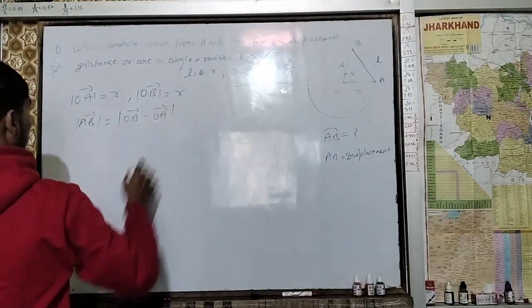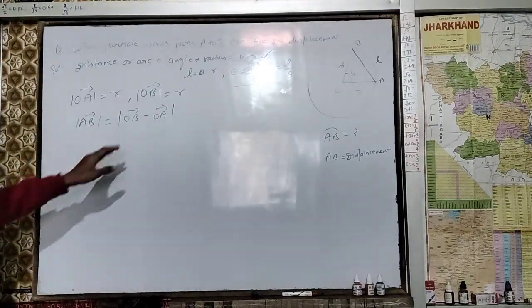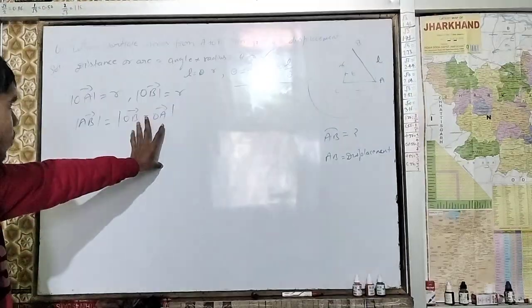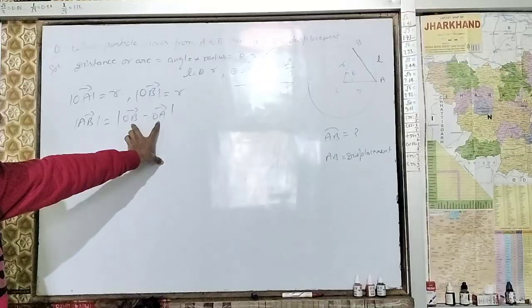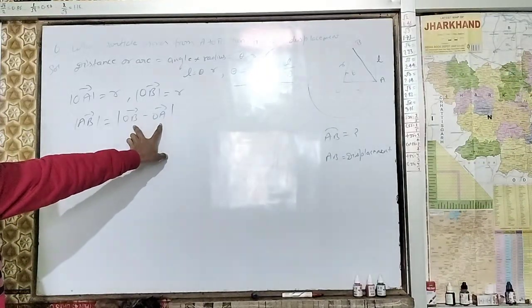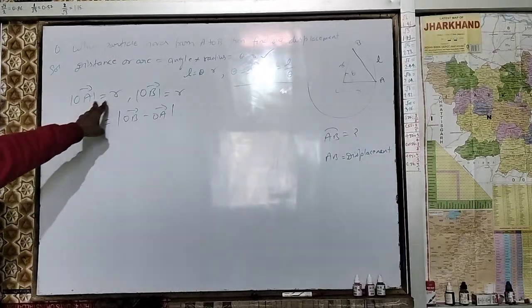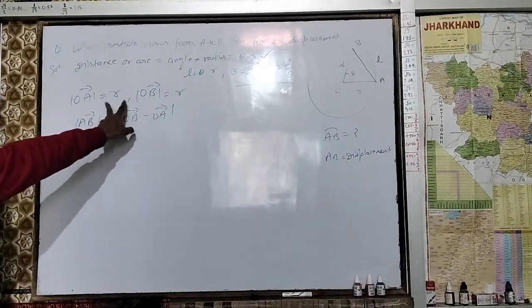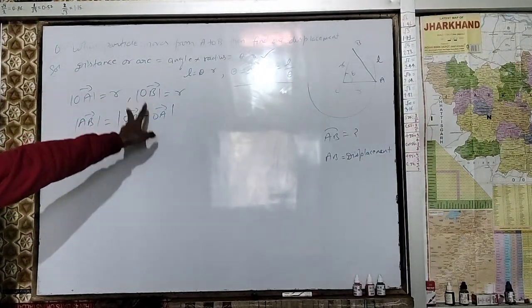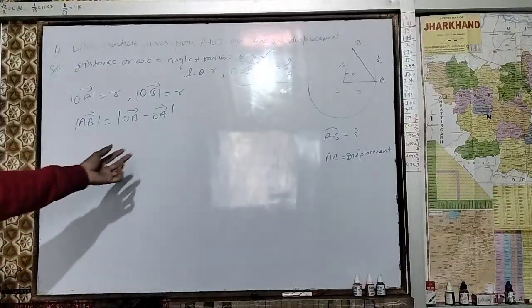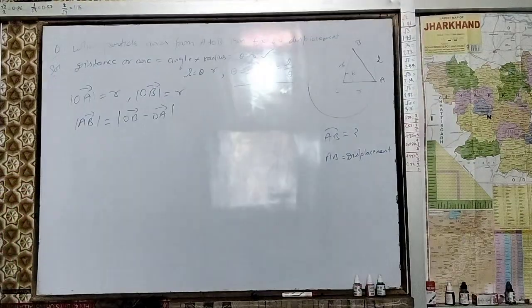But remember, we are taking OB and OA, both of these in modulus. Over here you can see those two things are in modulus. That's why we will apply the magnitude sign.